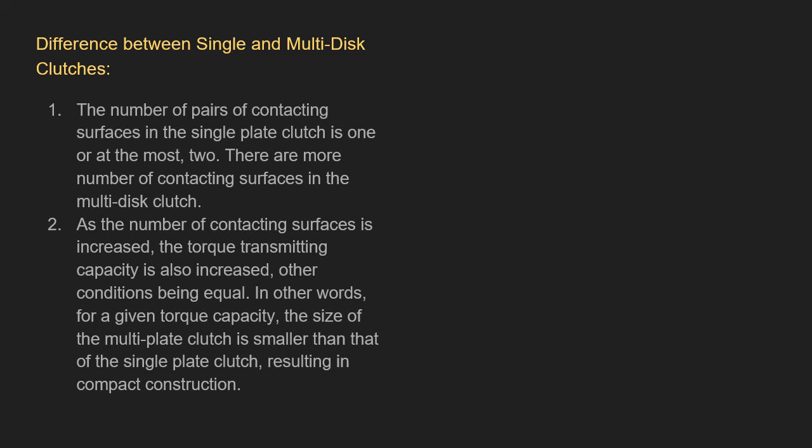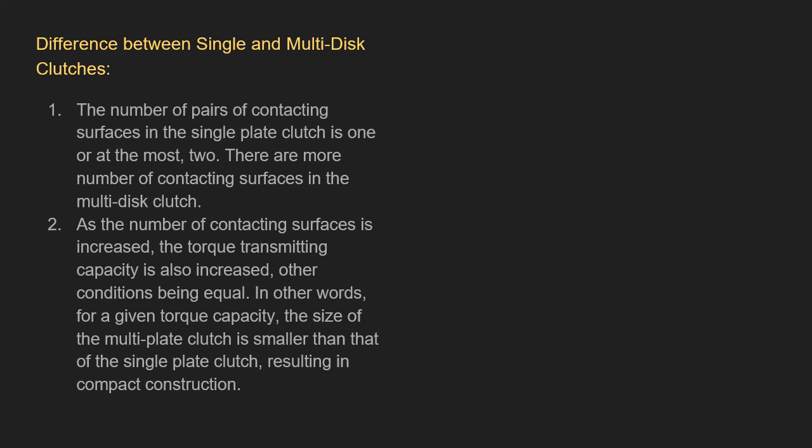As the number of contacting surfaces increases, we will be able to transmit much more torque. Therefore, for a given torque, the size of the multi-plate clutch will be much smaller than that of a single plate clutch. Therefore, the multi-plate clutch will be more compact.